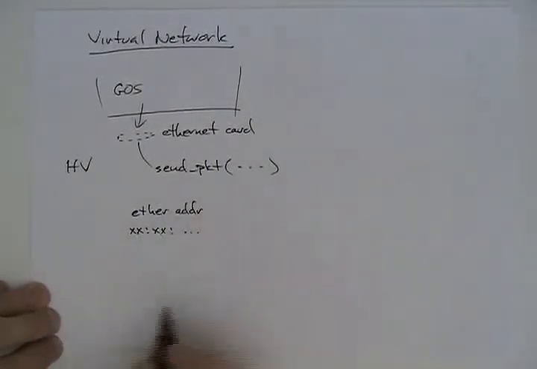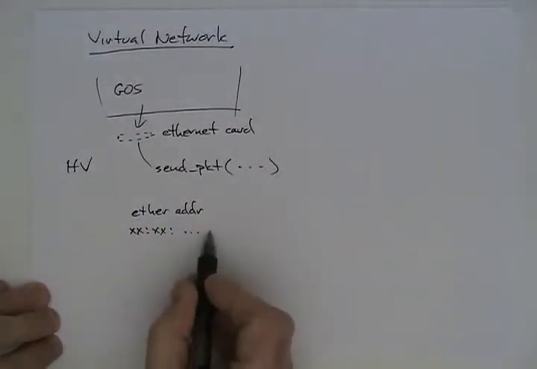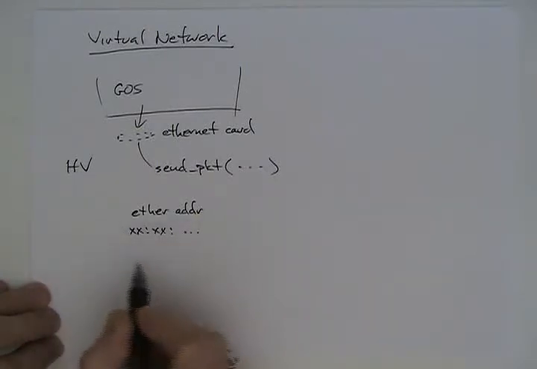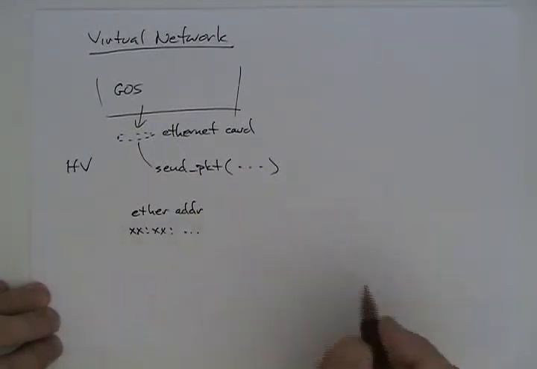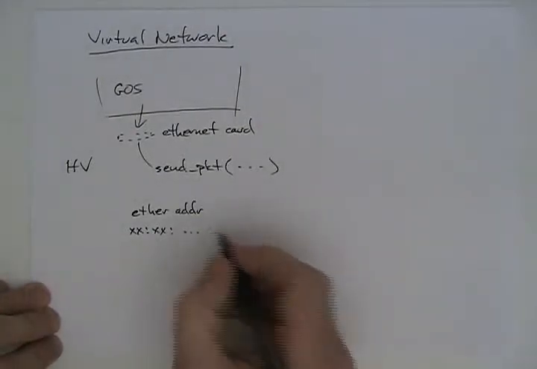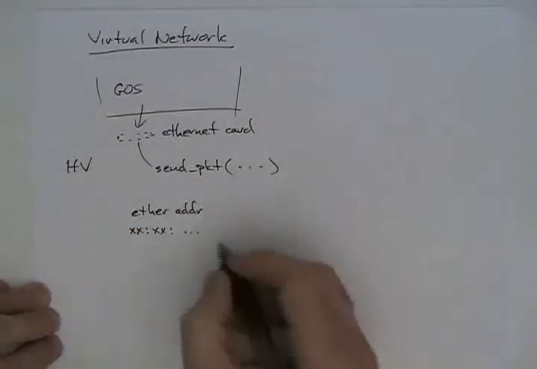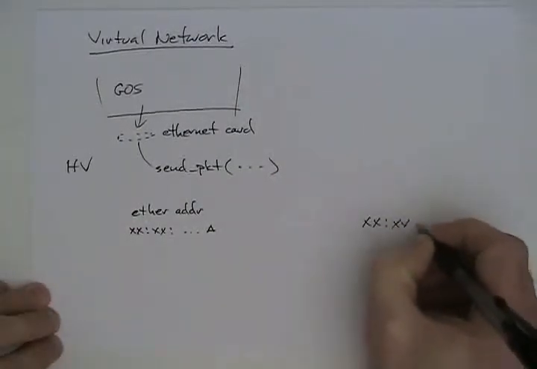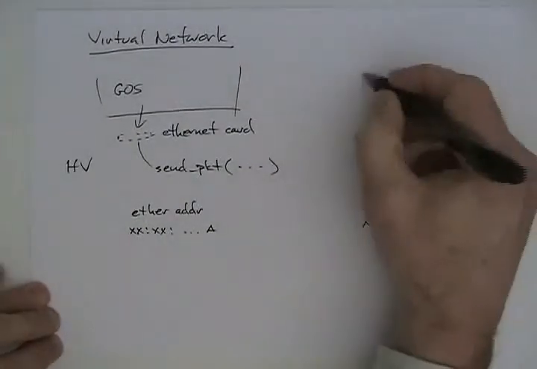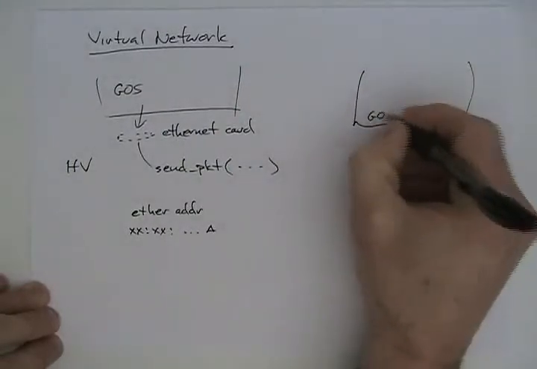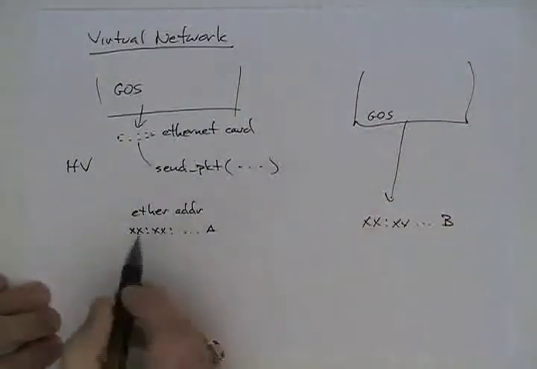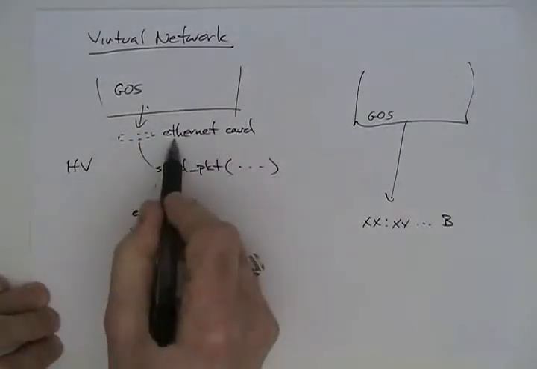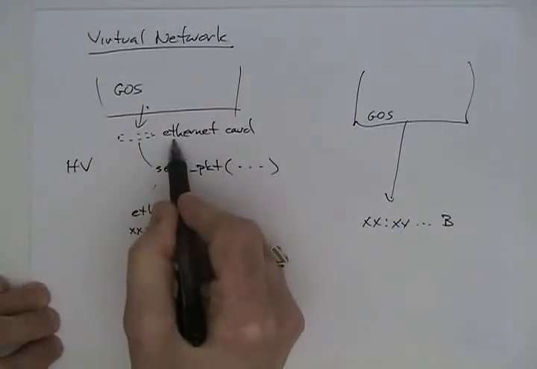Each Ethernet card has its own 48-bit address, which is used to identify it on the network. And so you give each virtual machine its own address. When the guest OS asks the Ethernet card, what's your address?